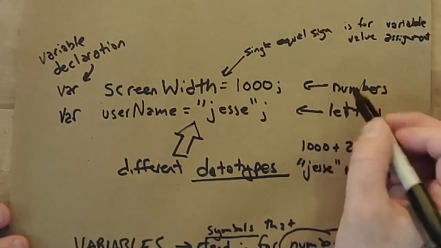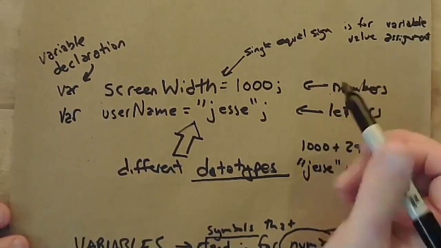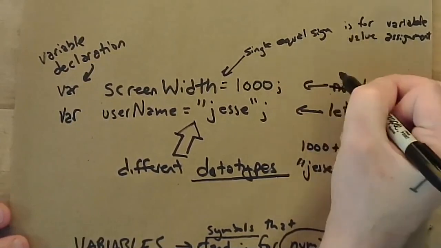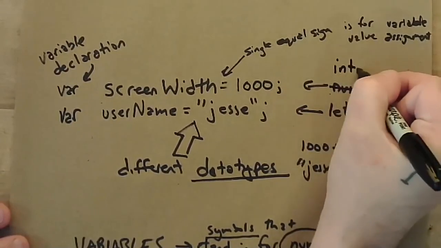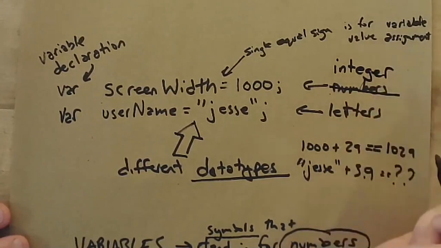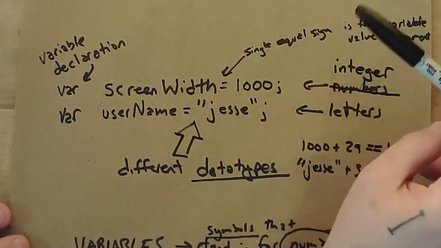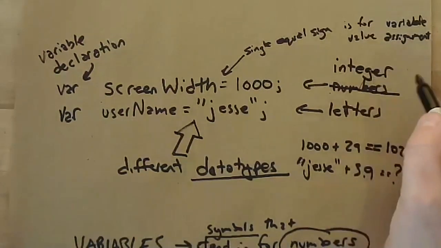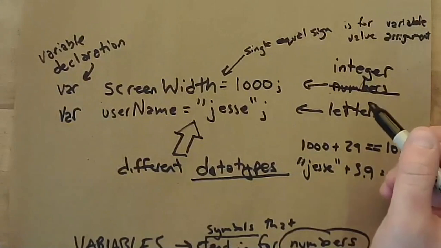And so here I say numbers and letters, but more specifically, we would call this not numbers, but an integer. Integers are whole numbers, basically. That's any negative number, any zero, any positive number, anything that doesn't have a decimal point.